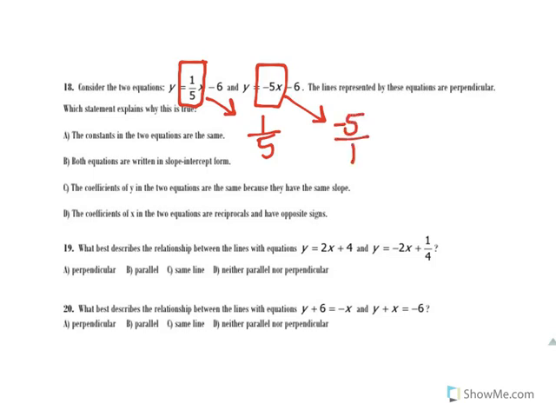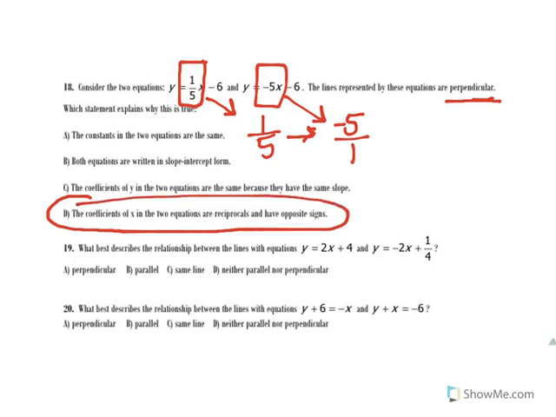These are flipped, meaning they are reciprocals, and they're also opposite signs. So which tells that they are perpendicular? It would be D, that the coefficients of x in the two equations are reciprocals and they have opposite signs.